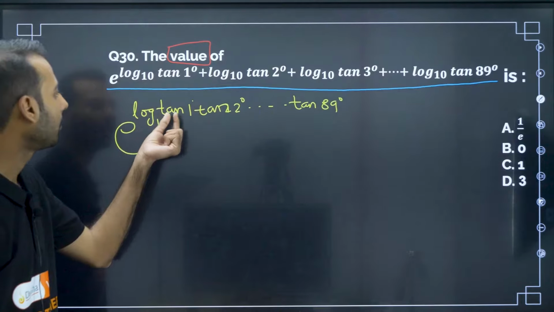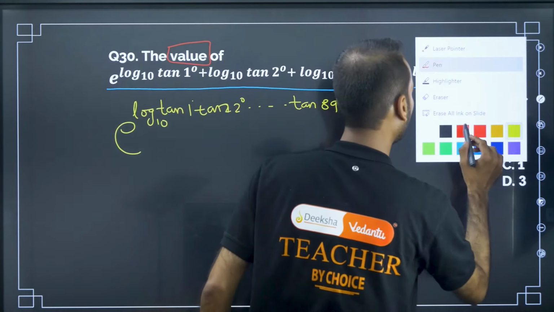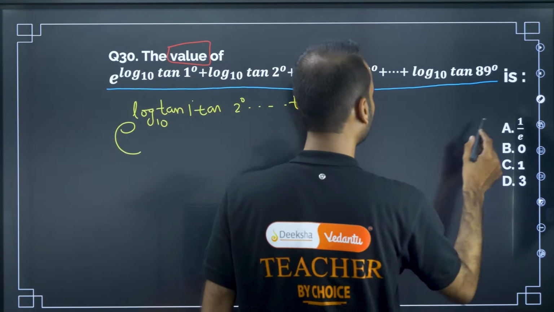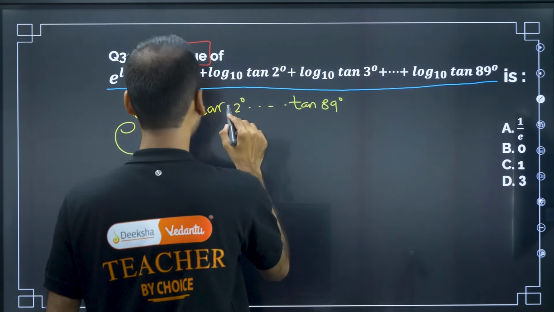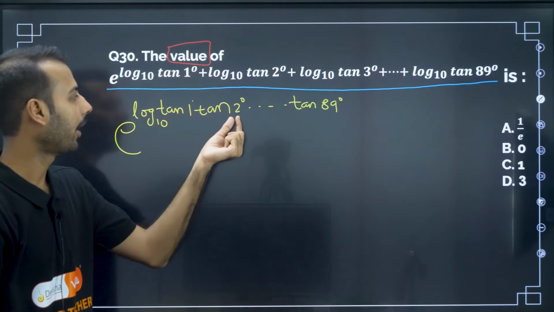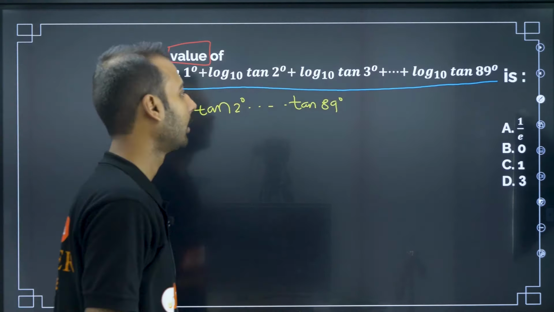Let me write it: tan 1, tan 2, up to tan 89.